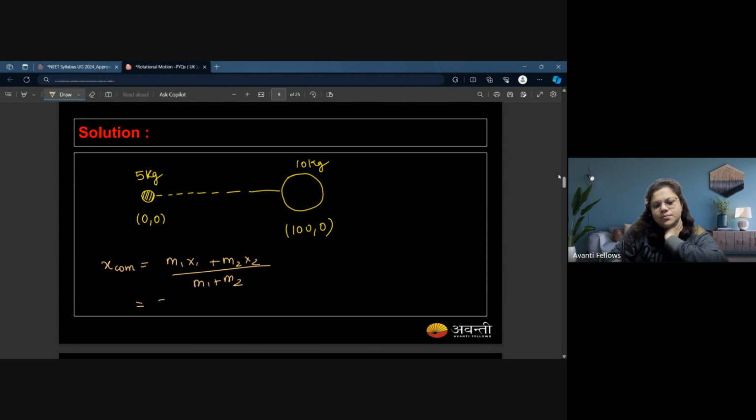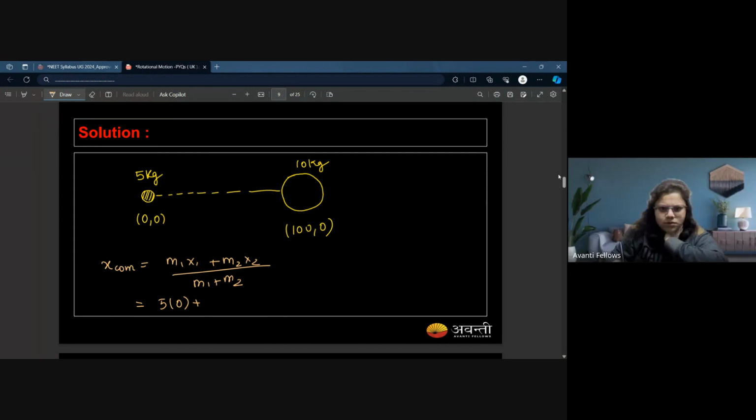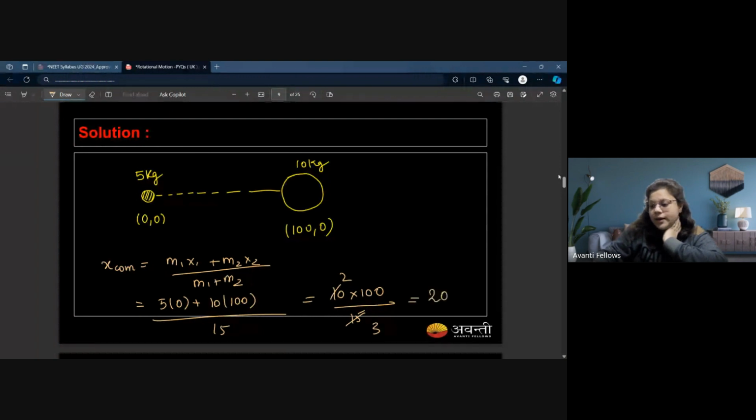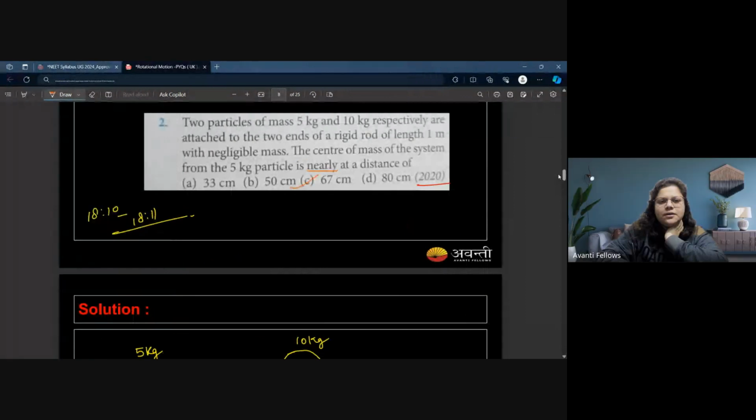I guess it would become 5 within bracket 0, plus 10 times 100, over 15. So 66 point something centimeter, if I'm not wrong, which is near to 67 centimeter. As the question is asking nearly, it would be 67 centimeter, right? Your option C would be your answer.